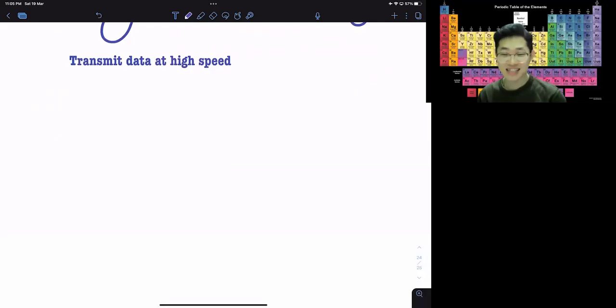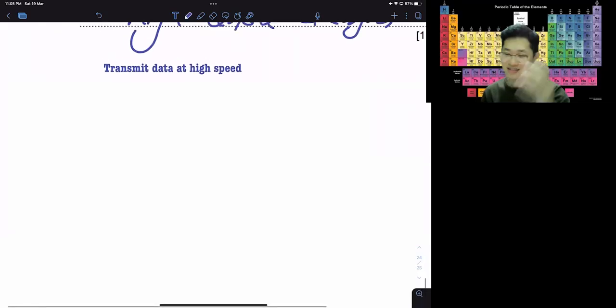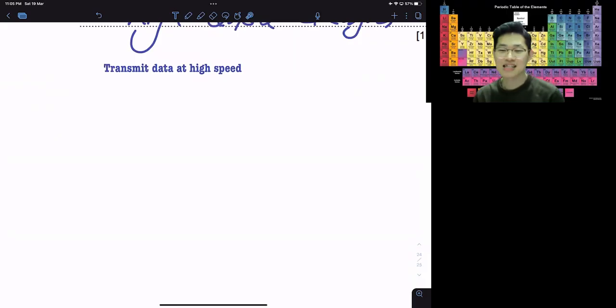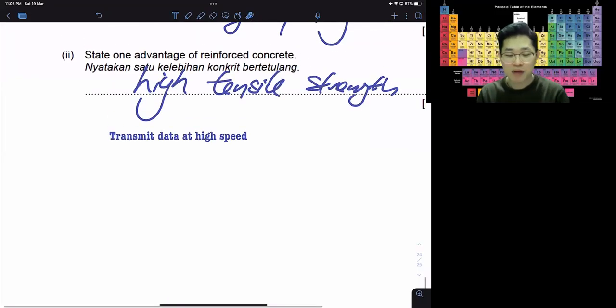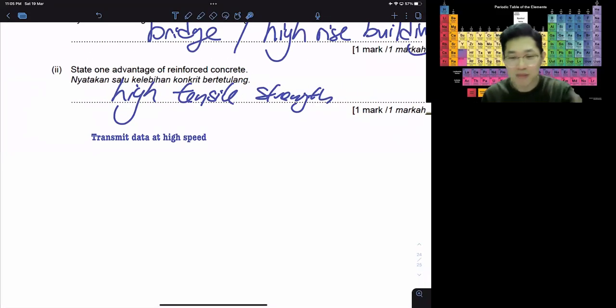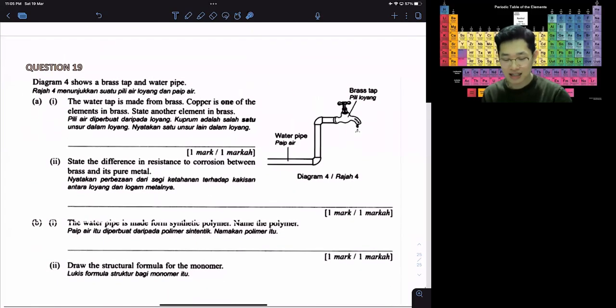Something like that lah. Transmit fast, correct. Flexible. I mean, we produce this fiber optic is. What is the properties like? The properties of the optical fiber. It is being produced not because of the flexibility. It's because they want to transfer data at high speed. So have to be related lah.